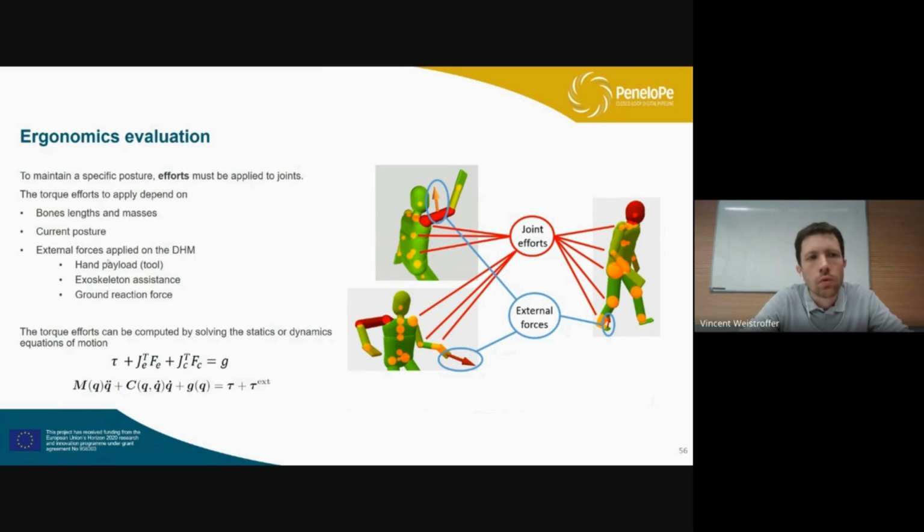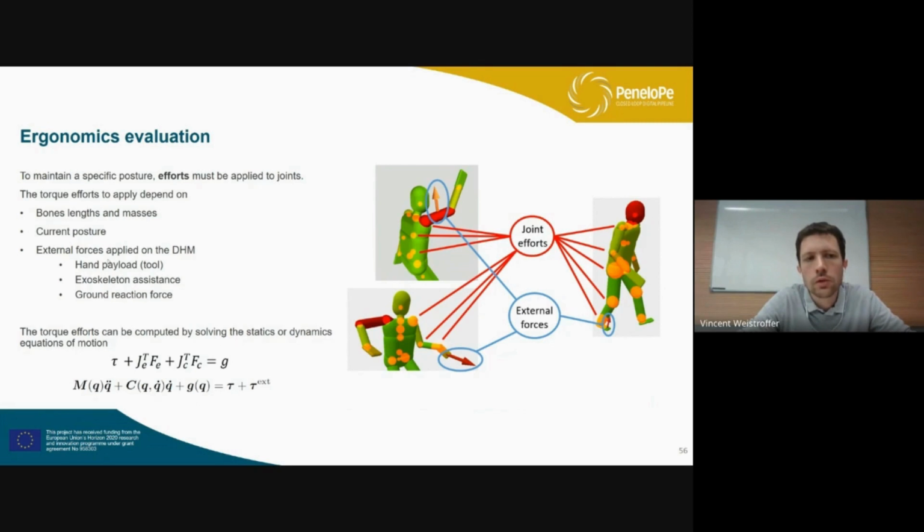Actually, to perform a specific posture in space, you have to apply some specific torques and efforts to joints. These torques, they are computed by the physics engine, and the torque to apply depend on the bone length and masses. They depend on the current posture, of course, of the digital human to reach. And they also depend on some external forces that are applied on the digital human model.